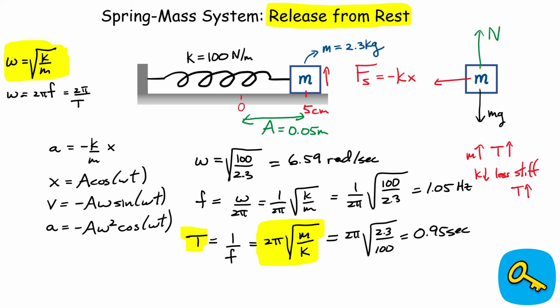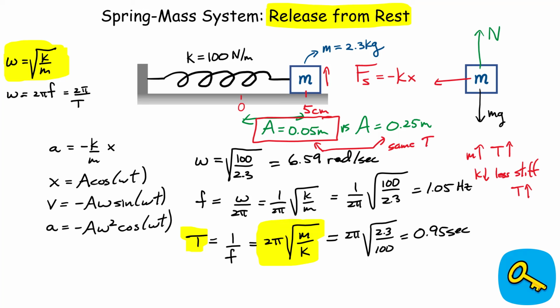Now, the really, really important thing about the period is that it doesn't depend on the amplitude. If A was 5 centimeters, or if the problem was repeated with A equal to, say, 25 centimeters, guess what? The period of oscillation is the same for both.